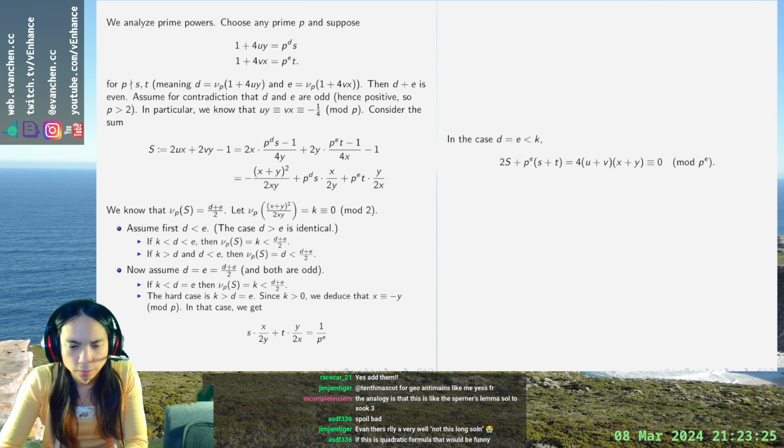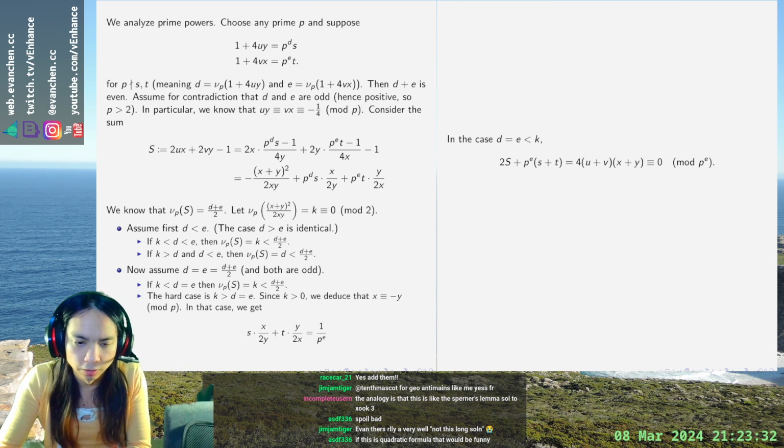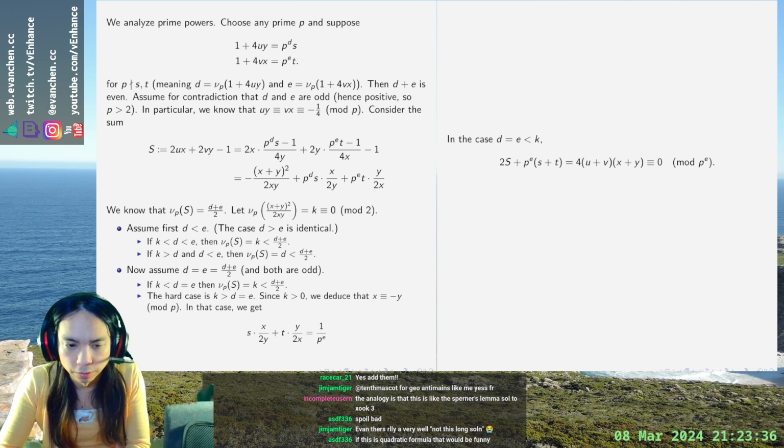Okay, so assume k is less than d equals e, but for contradiction, that vp of s is equal exactly to just d. Yeah, so we have this thing.